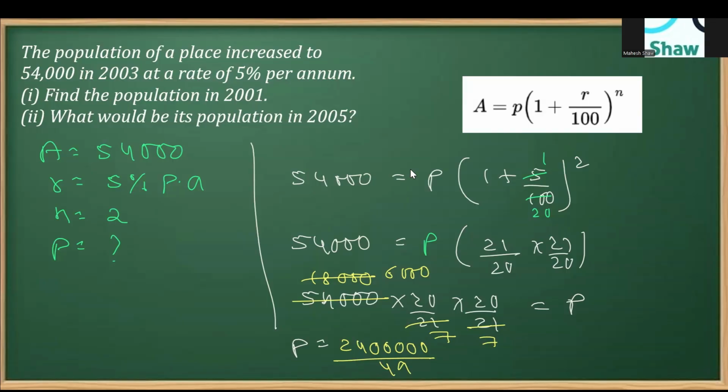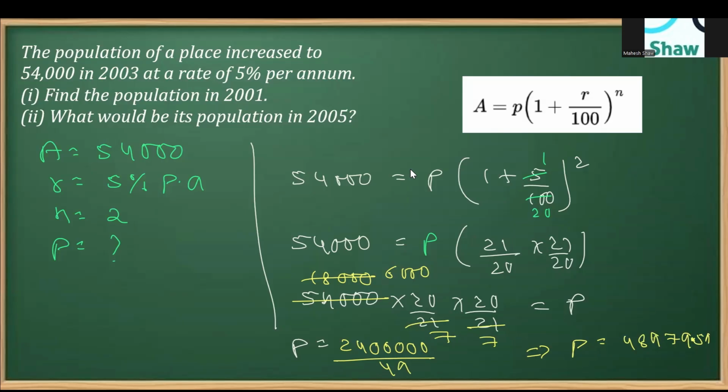So now we will be doing long division in order to determine the value. So it's 24 followed by 5 zeros, and that divided by 49 should give you the population. So it results to give you P as how much? This comes as 48979.59.